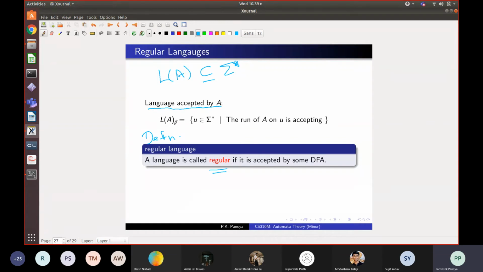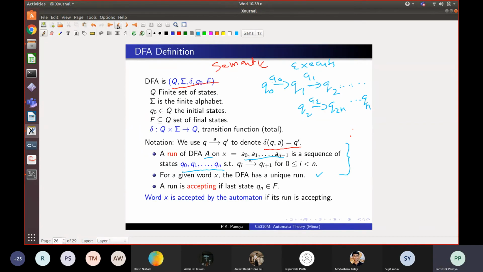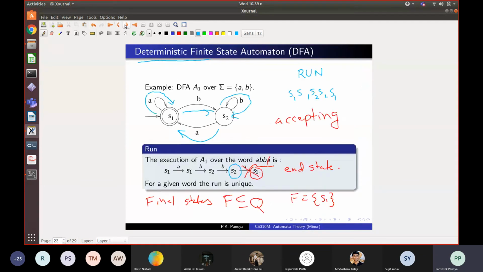Here we have a mathematically, abstractly specified language and an automaton, and we are trying to show that the two are the same. If that language is exactly the set of words accepted by a DFA, then we say that the language is regular. So is the terminology clear? I think there is no confusion, but as we use it, things will get more clear.